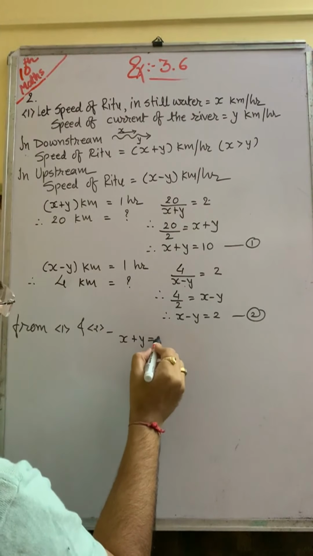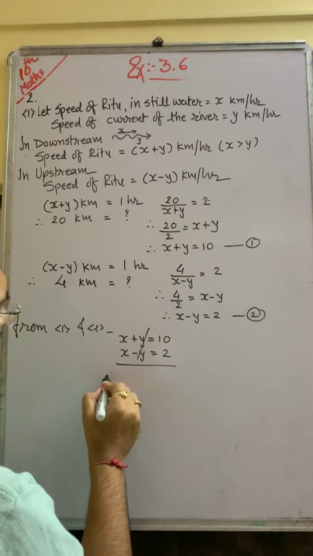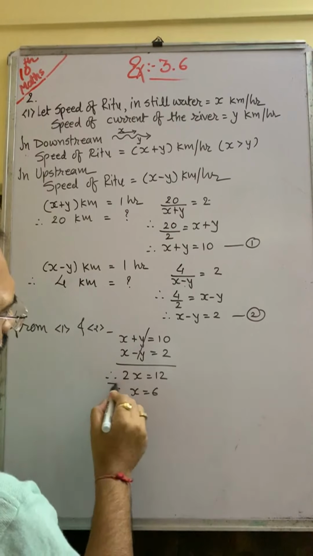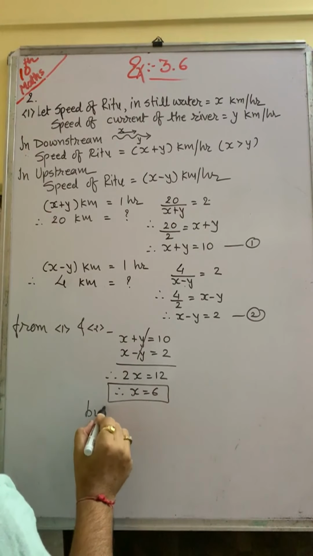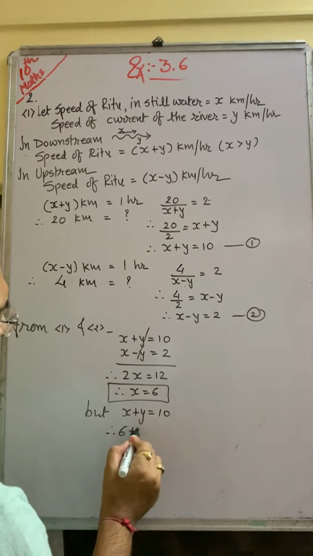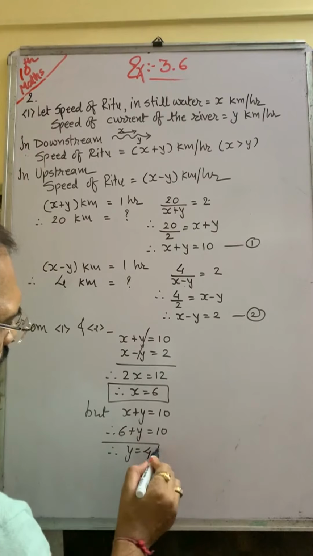x plus y equals 10, x minus y equals 2. Adding, 2x equals 12, so x equals 6. Place this value in x plus y equals 10: 6 plus y equals 10, move 6 to the other side, then y equals 4.